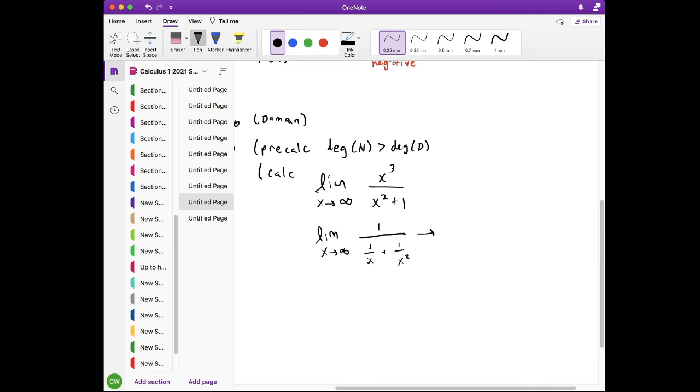I believe that's how we did it, right? And then 1 over 0 plus 0, and then that's, who knows, that's d and e. Okay, so there's no horizontal asymptotes.